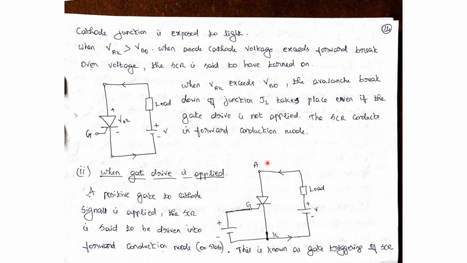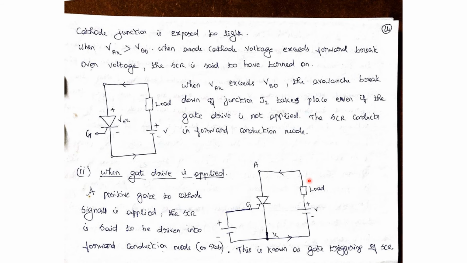Then next one is when gate drive is applied. For that, connections are made as shown in the figure. Here SCR is here. Gate is connected to the positive terminal of the voltage source. Anode is connected to the load, and the load is connected with the positive terminal of the voltage source.